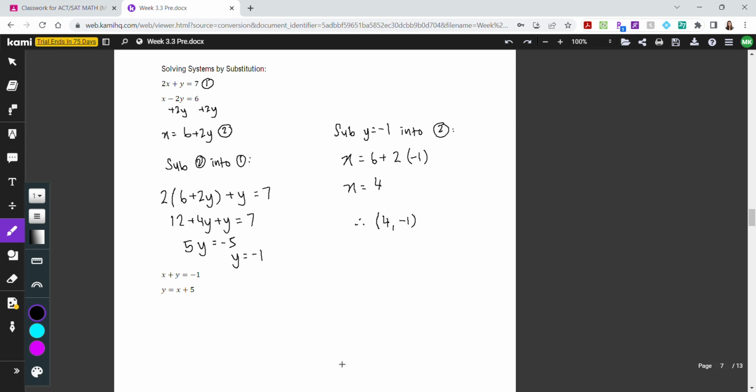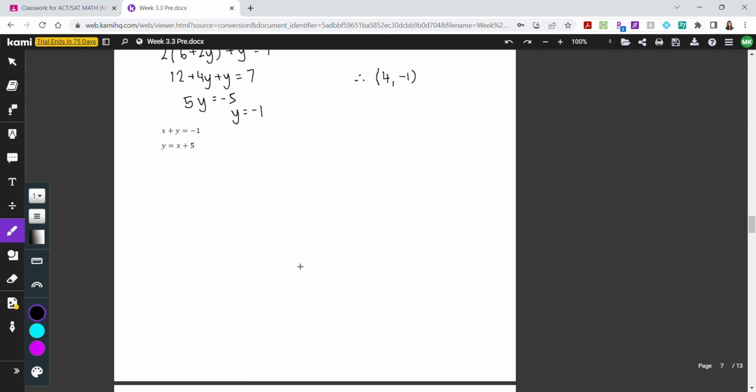All right. Now if we look at the bottom one, I'm going to label this as equation 1. And look, this one is y equals x plus 5. y is already isolated, which makes it actually a lot easier for me, because all I need to do now is substitute this into this equation.